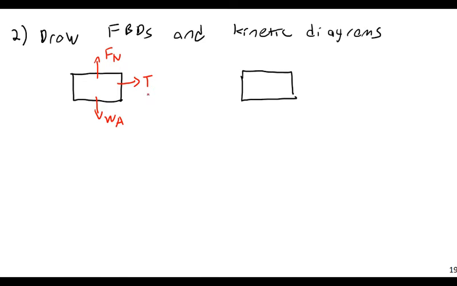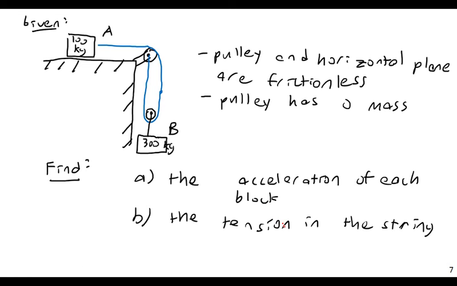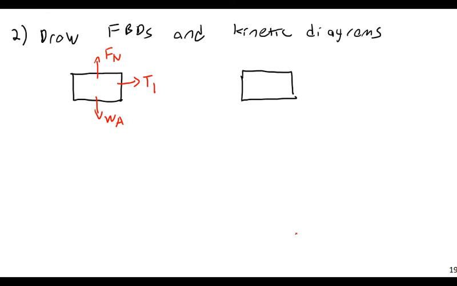I'm going to go ahead and say we don't know if the tensions are going to be equivalent, so I'm just going to label this as tension 1 and tension 2. So I'm going to have tension 1 here. And then for the inertial forces, all I'm going to have is mAaA pointing in the direction of motion.